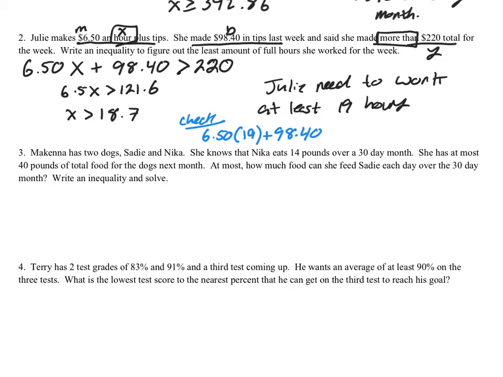You're just going to take 6.5 times 19 plus those tips, 98.4, and she would then make $221.90. That is, in fact, greater than 220, so we know we solved that correctly. She could also work 20 hours, 21, and so on and so forth, and she would still make more than $220.